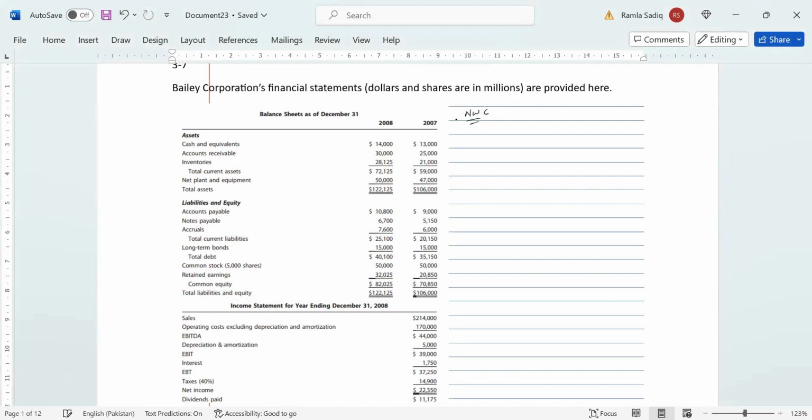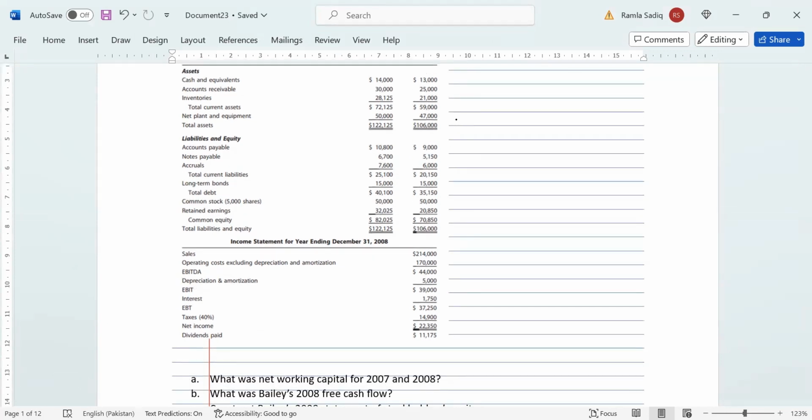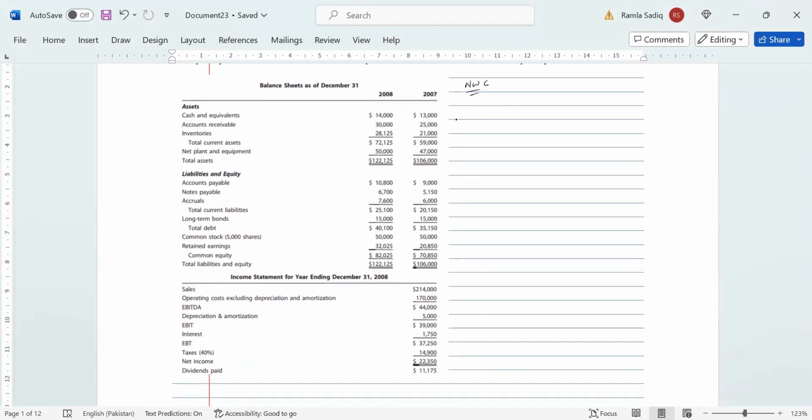That's for part A, and we're going to do this over here because we've got the information right here. So to calculate our net working capital, we take our total current assets, and from that, we deduct our total current liabilities.